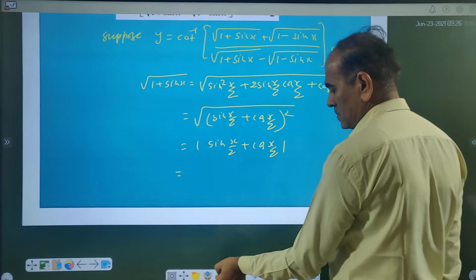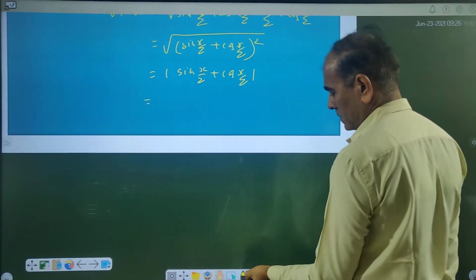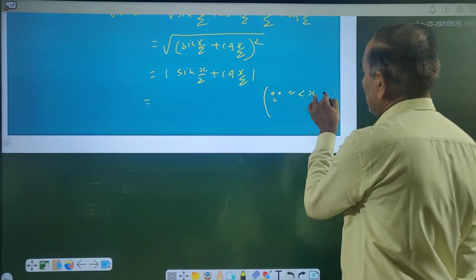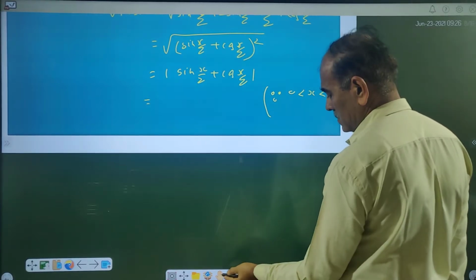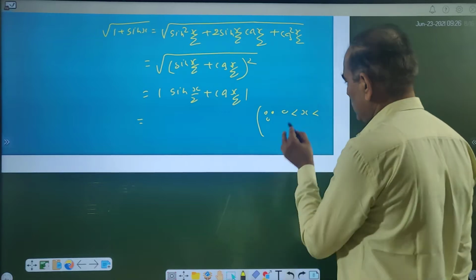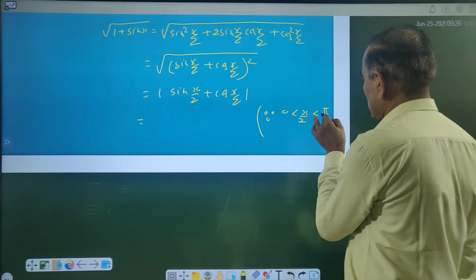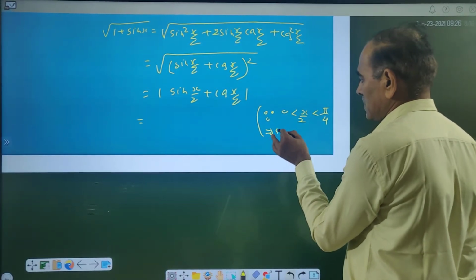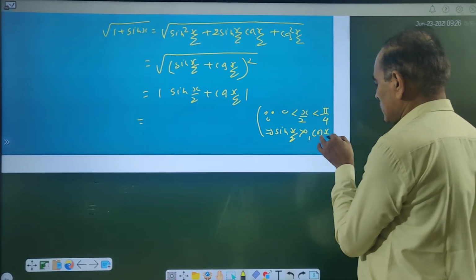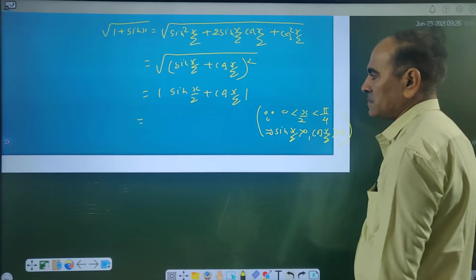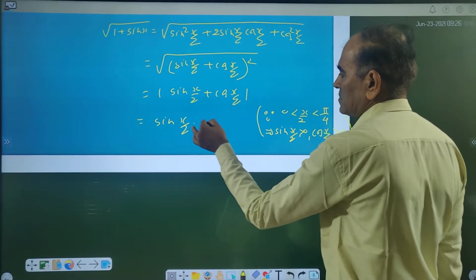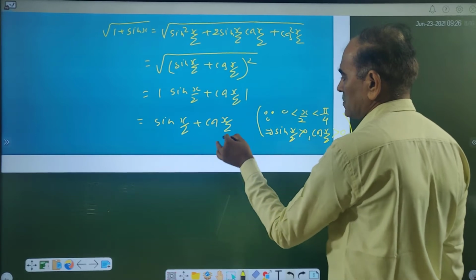Put the result: 0 less than x less than pi by 2 is given. So 0 less than x by 2 less than pi by 4, which is in the first quadrant. So sin x by 2 as well as cos x by 2 are both positive, so their sum is also positive. So that comes out sin x by 2 plus cos x by 2.